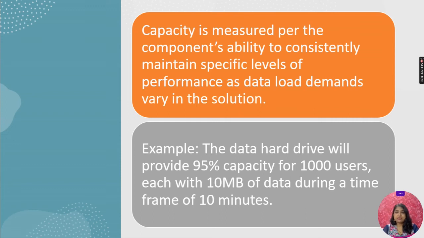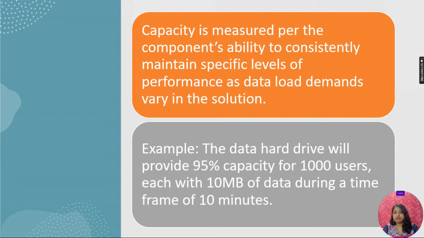Capacity is measured as per the component's ability to consistently maintain specific levels of performance as the data load demand varies in the solution. Example, the data hard drive will provide 95% capacity for 1000 users, each with 10 MB of data during a time frame of 10 minutes.